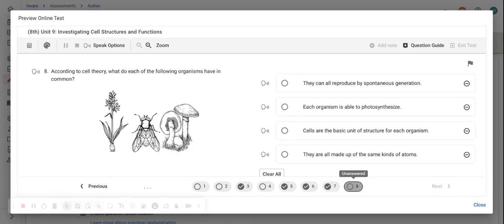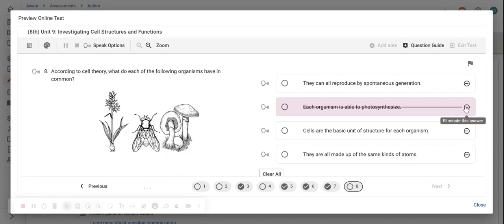All right, number 8. According to cell theory, what do all organisms have in common? So this question is asking for something that is true for all living things, not just plants or animals. So we know that not everything photosynthesizes.